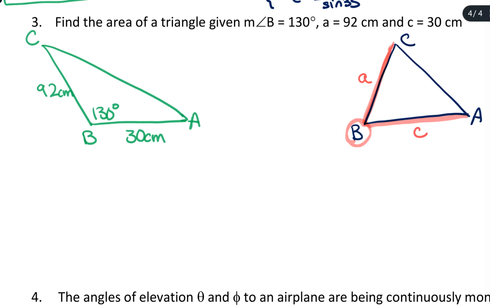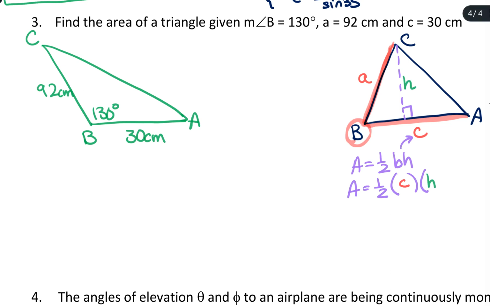What we know so far is that the area of a triangle is equal to 1/2 base times height. So let me drop in the height here to side C. 1/2 base times height tells me that my area is going to be 1/2 times the base, which is side C, times the height. Now I want to think about how I can write the height.